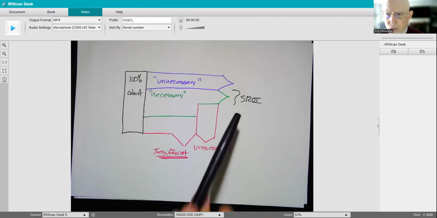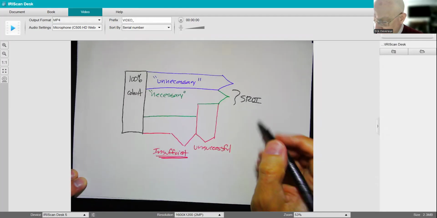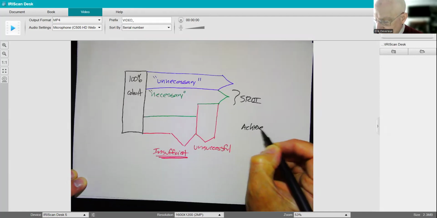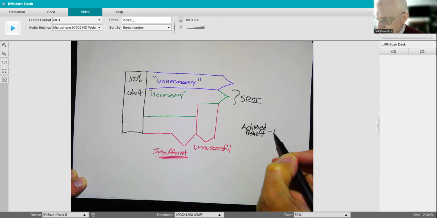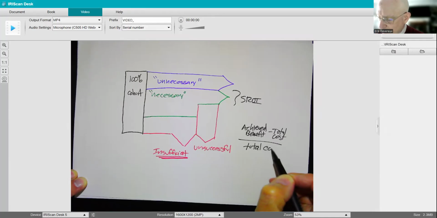So the way that SROI works is that it is basically based on the achieved benefit minus the total cost, over the total cost. I also use average cost in the book, which is perfectly fine.